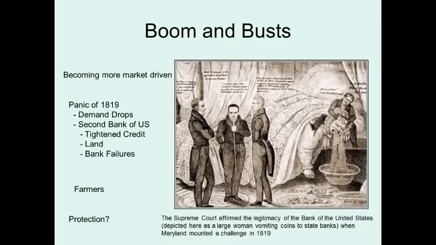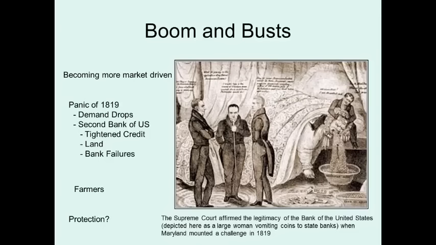The United States was becoming more market-driven as the market revolution kicked in. Now, thanks to a war going on in Europe called the Napoleonic Wars, demand for American goods is going to remain very, very high until something called the Panic of 1819 happens.